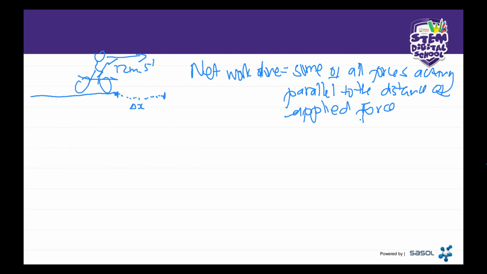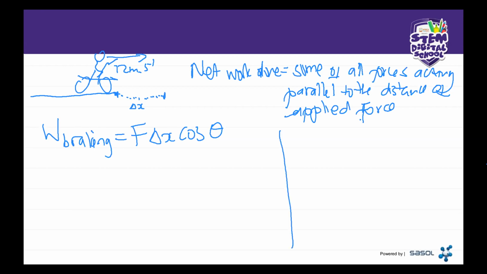So working through that, we're going to have to find the work braking, right? The work while the motorcycle is braking, and that's going to be F triangle X cos theta, right?